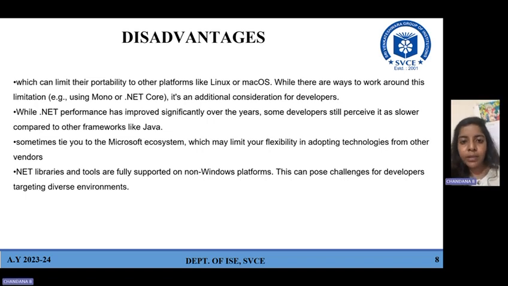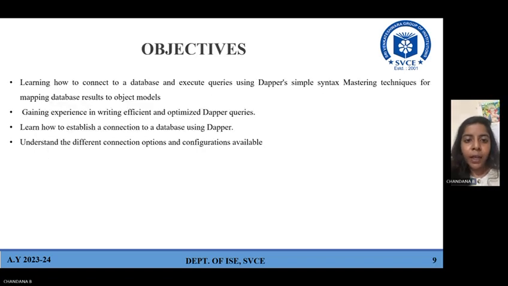So the next one is the objective. Learning how to connect to the database and execute queries using Dapper's simple syntax, and mastering the techniques of mapping database results to the object model. That is what I learned: using Dapper's simple syntax, I created the database, and I learned the simple techniques from the Dapper demo.